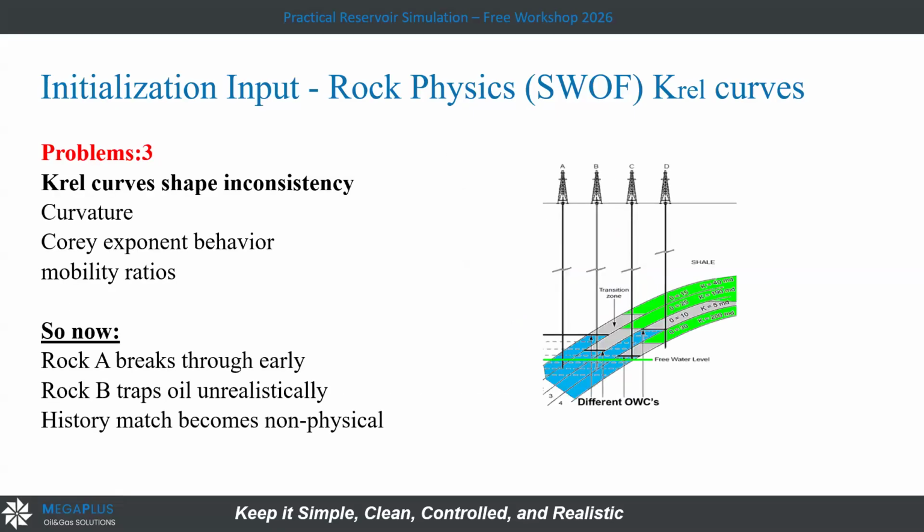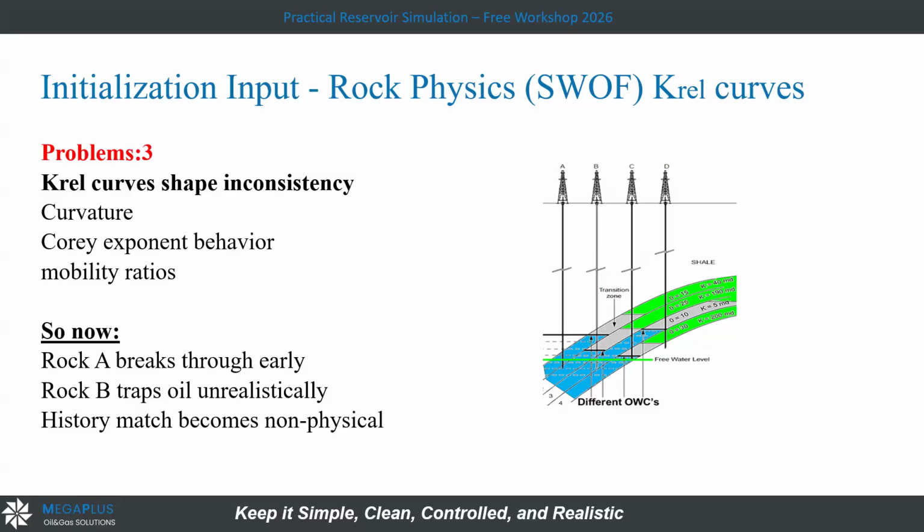The third problem is shape consistency. Imagine that I have a reservoir like this, as seen in the picture, with these rock types, and in each rock type I will put the capillary pressure and relative permeability curves that will then translate to a flow of fluids and contacts.